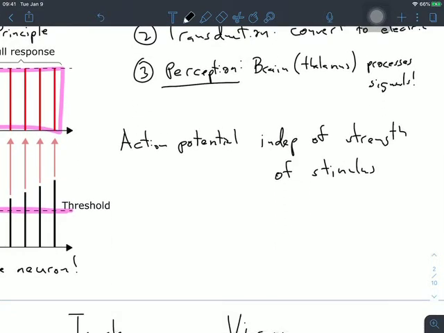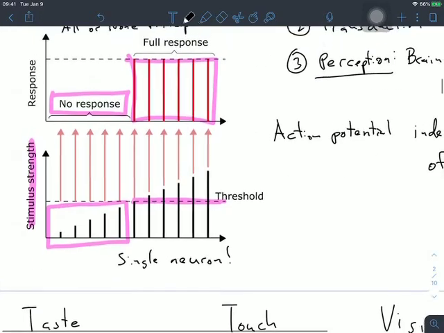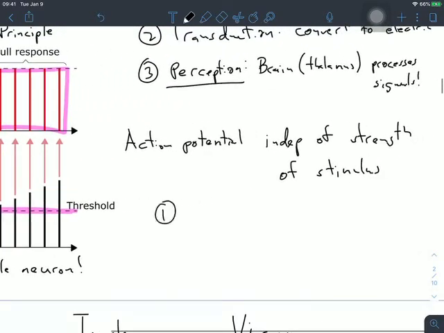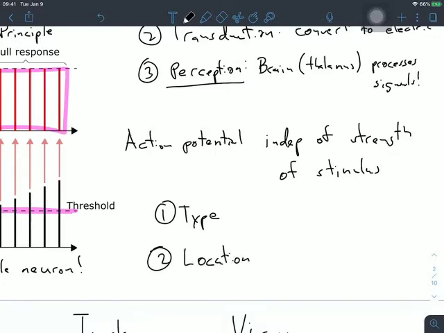And there are 4 components to being able to detect the strength of the stimulus. The first is the type. Do you actually match the signal with the receptor that's present? The location in your field, meaning is it close enough to your receptor to be able to be detected?